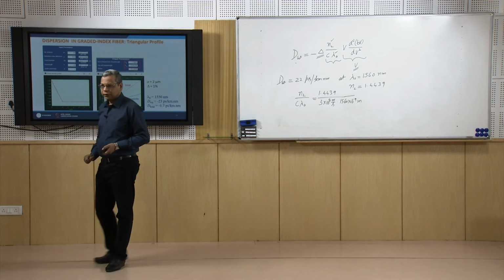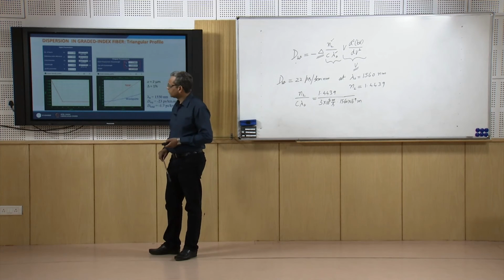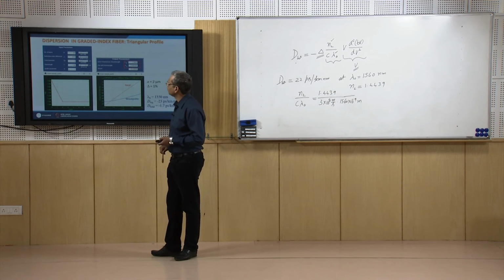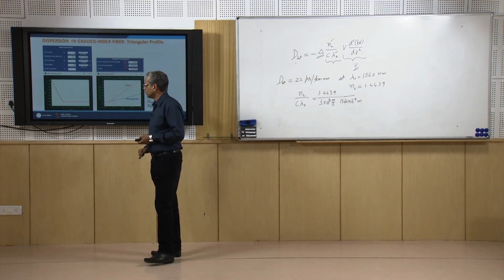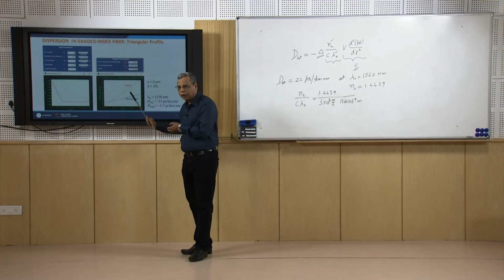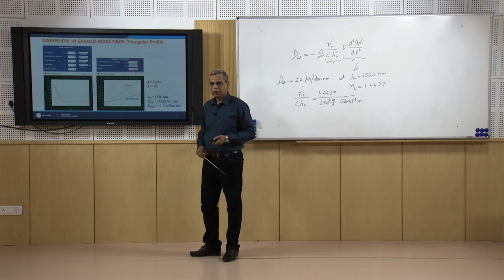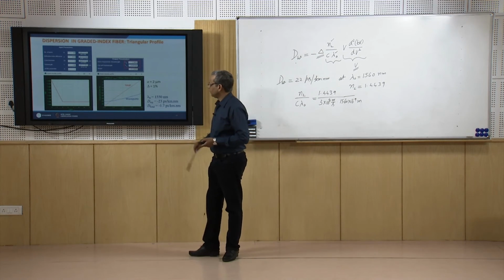This we have done using the software LightSim, where there is an option of calculating dispersion for graded index optical fiber. I just want to tell you how the refractive index profile of the fiber changes the waveguide dispersion.